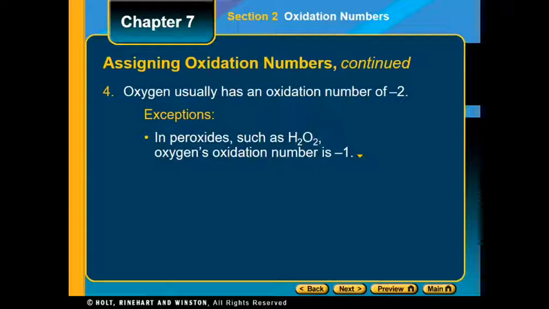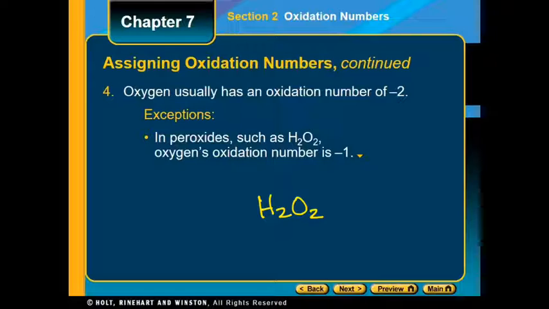So I'm going to go ahead and go through this particular example with you, just showing you how to assign them. It's going to look a lot like what we did in the previous section when we were working with Roman numerals for ionic compounds, just to show you the ebb and flow of where all of these numbers go. So if I have H2O2, again, this is 2 nonmetals.